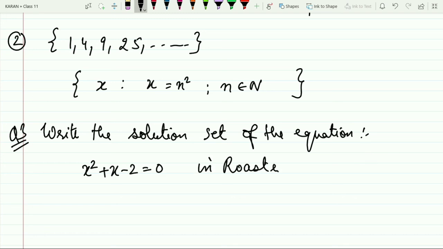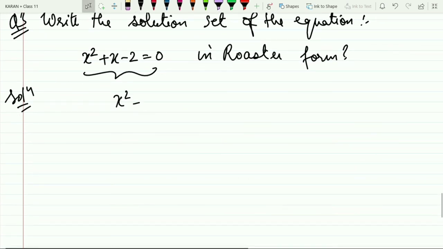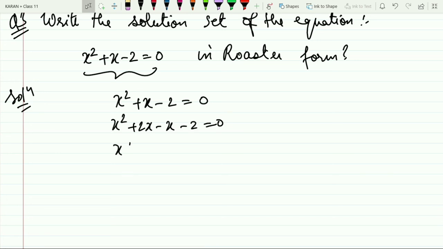So what will you do? Firstly you have to solve this equation, x square plus x minus 2. That is very easy to solve. Just factorize this. Take x common, x plus 2, then minus 1 common, x plus 2, and finally x minus 1 into x plus 2 is 0.